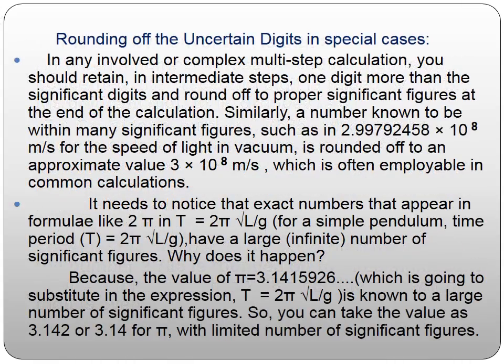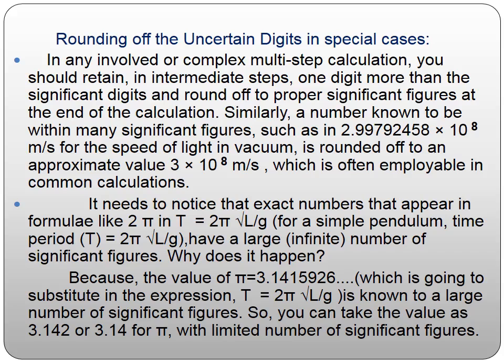Now, I am going to discuss how you can round off the uncertain digits in some special cases. In any involved or complex multi-step calculation, you should retain in intermediate steps one digit more than the significant digits and round off to proper significant figures at the end of the calculation.